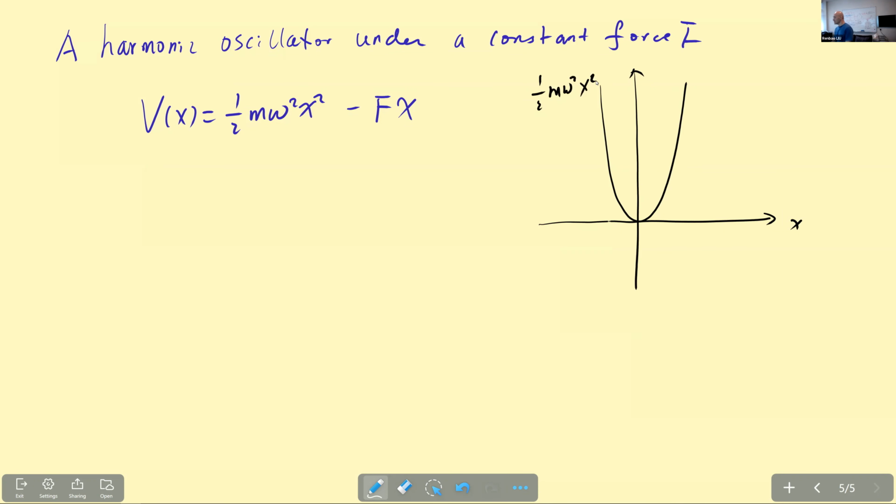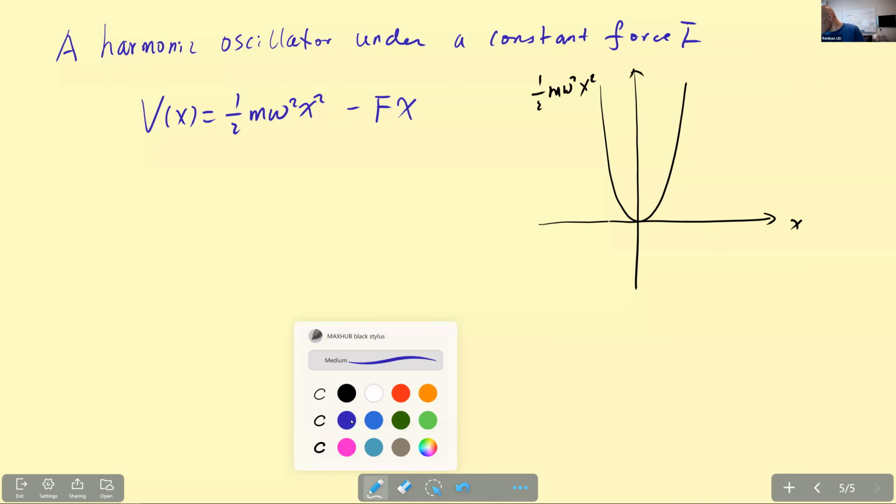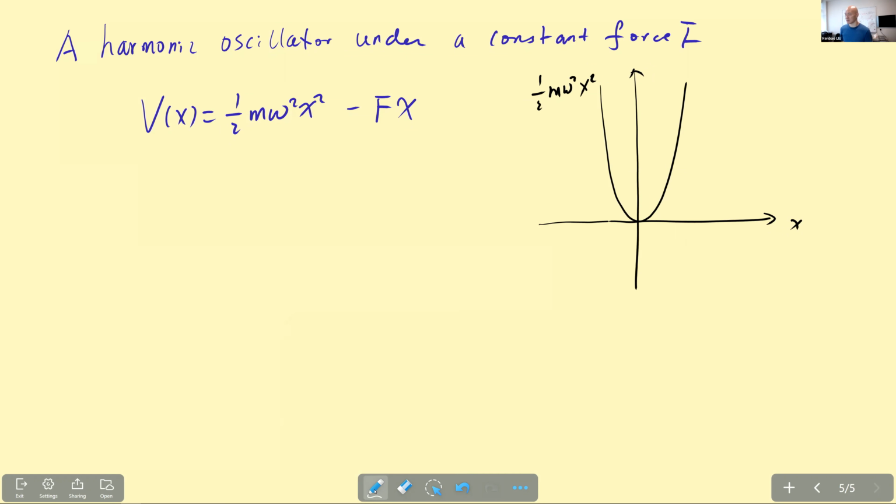And now you have this new potential, but this new potential actually is the same as a harmonic oscillator, because this linear term can always be absorbed into the square term. So we can write this as 1/2 m omega squared (x minus x0) squared.